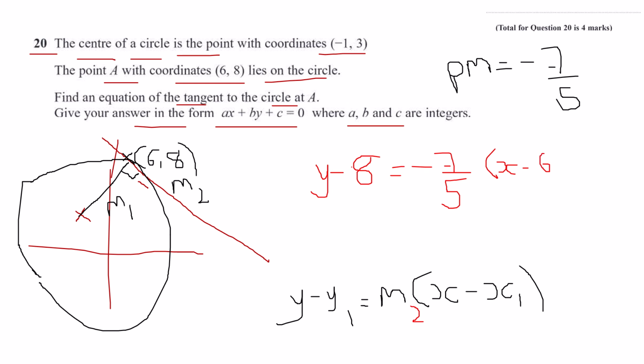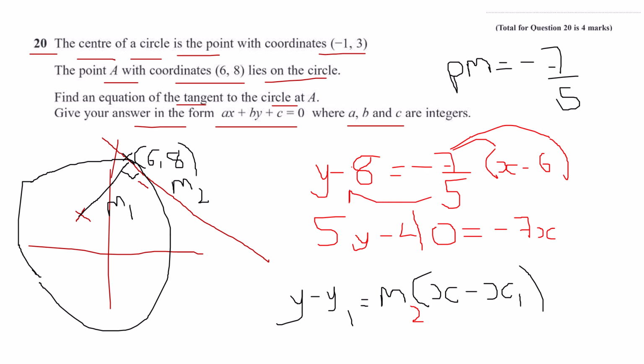I'm now going to multiply both sides of my equation by 5. So we're going to have 5y minus 40 is equal to minus 7x plus 42, because you've got -7 times x and then -7 times -6, and that 5 gets multiplied by everything there. But I want to get everything onto one side so it's equal to 0, so I'm going to add 7x to both sides, and then subtract 42 as well.